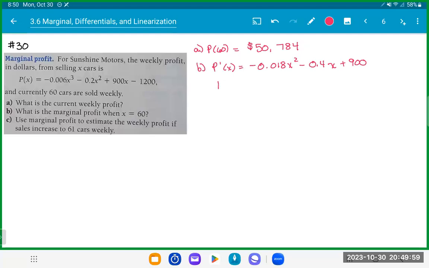When we evaluate our derivative at 60 cars, that is going to be $811.20. So the marginal profit is $811.20 when 60 cars are sold each week. Okay, question.